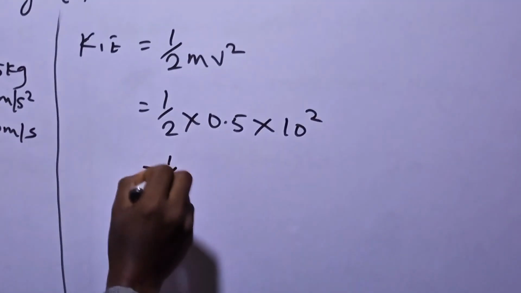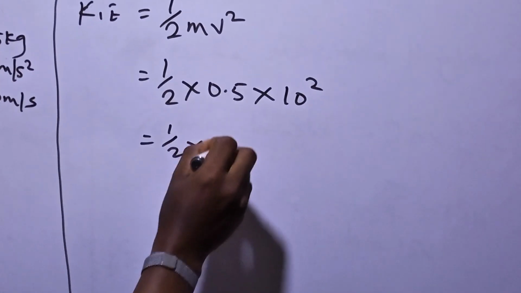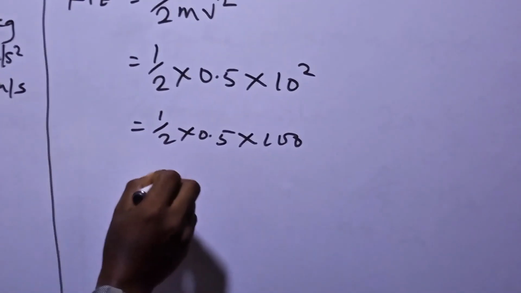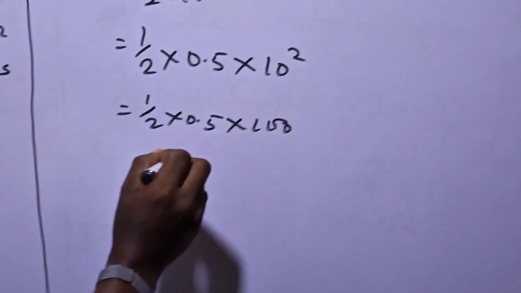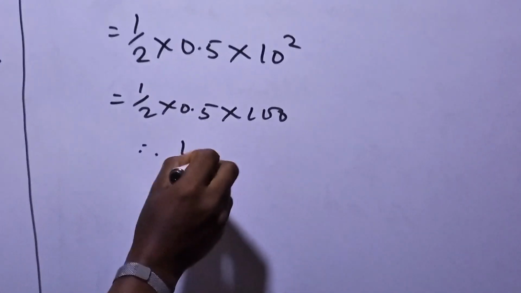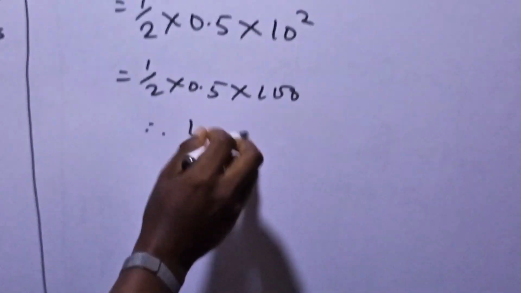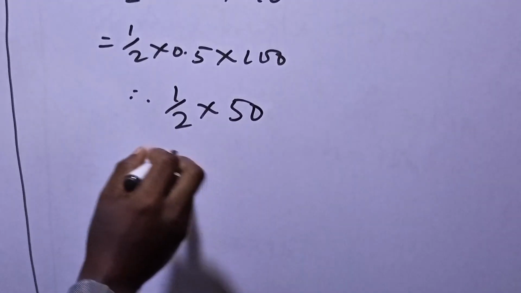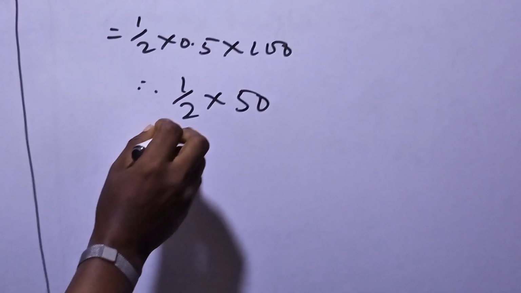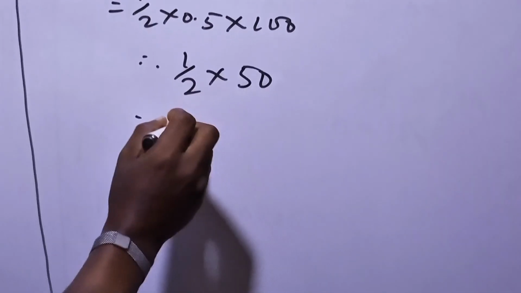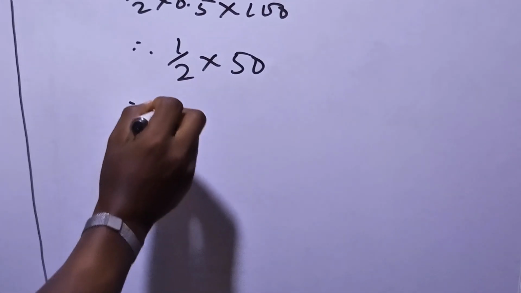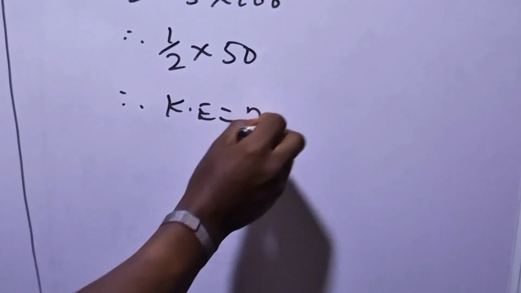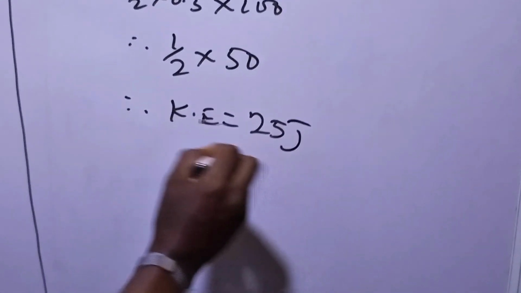It's now 1 over 2 times 0.5 times 100. 10 square is 100. Therefore, 0.5 times 100 is 50, and half of 50 gives the kinetic energy as 25 joules.